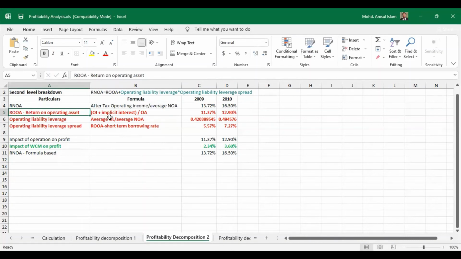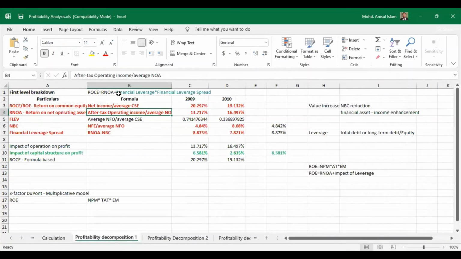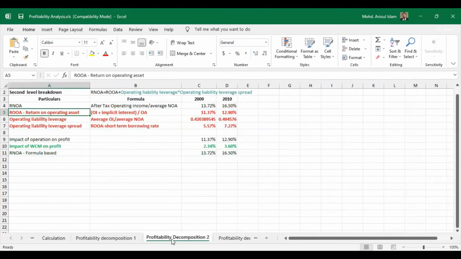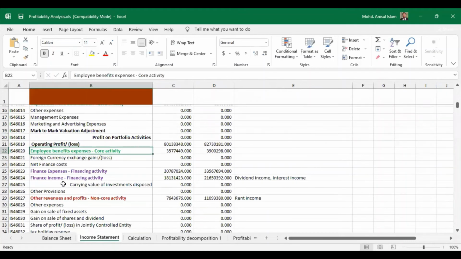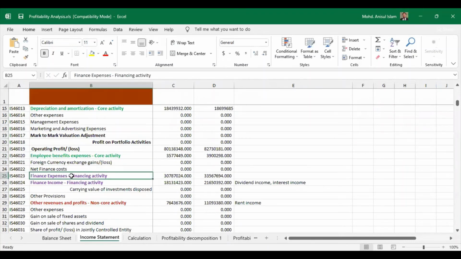Recall that in the first level breakdown, we include the impact of financial leverage very explicitly. When we talk about financial leverage, it is very easy to recognize since it is clearly reported in the financial statement. In the income statement, the finance expenses are exclusively attributable to the financial obligations, so it is more explicit.